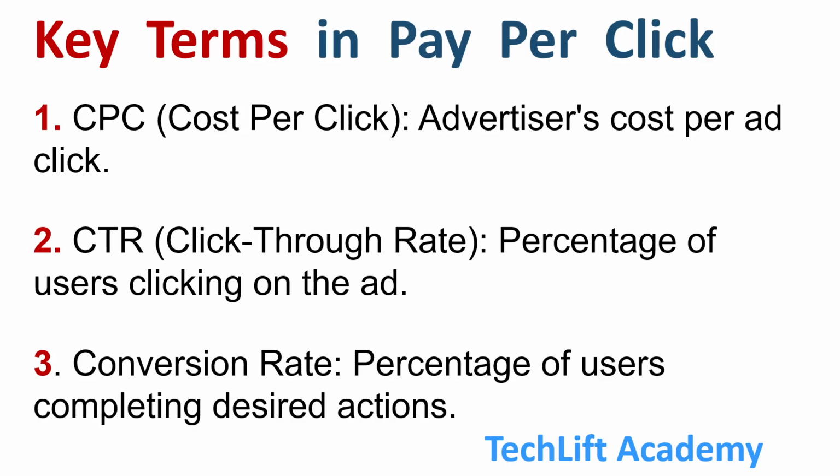It depends. The percentage of people that actually buy the product is what we call the conversion rate. It's simply the people who do what you actually want after clicking on your ad.